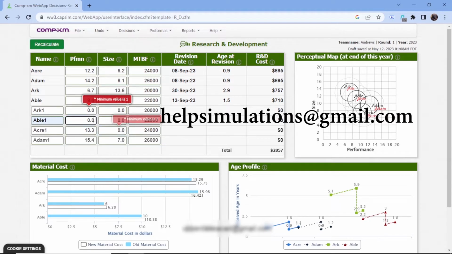Then in the core market segment, sorry, this is in the core, I'll give it 10.1 and also 10.1. Then in the thrift market segment, I'll say 7.0 and a size of 13.2. So I'll recalculate to see when my products will be coming out.